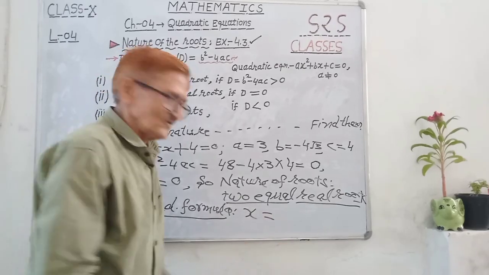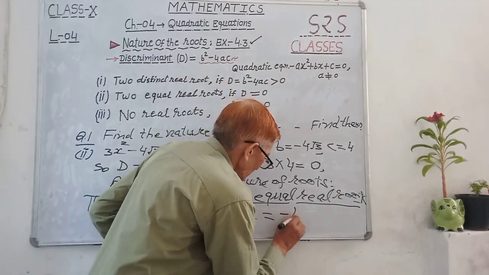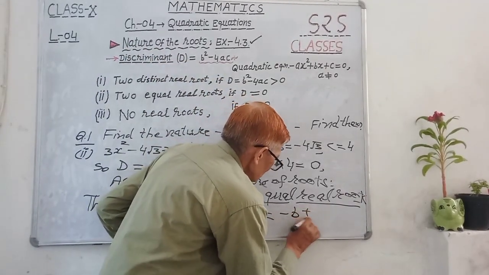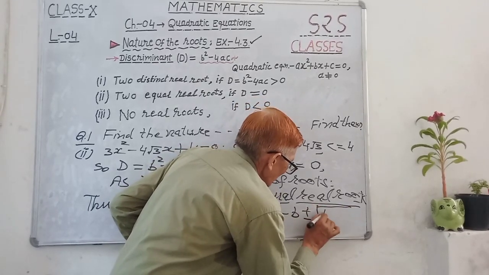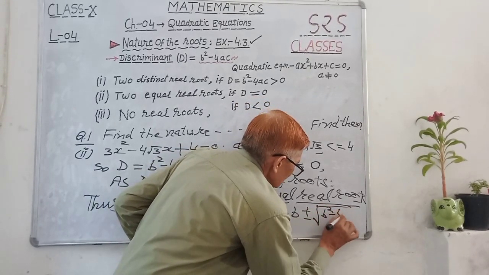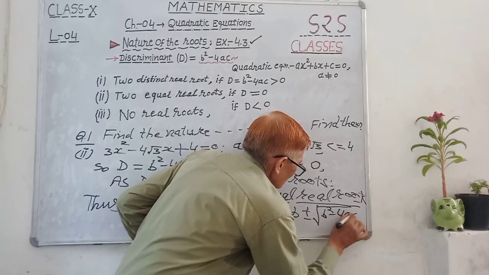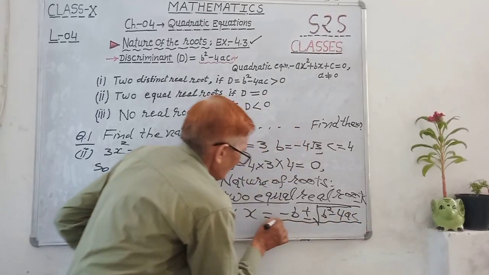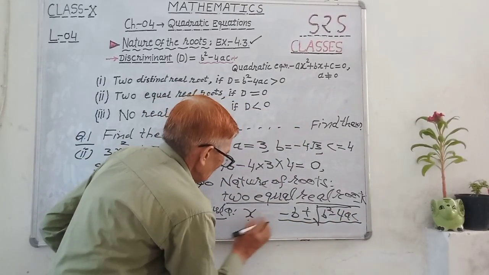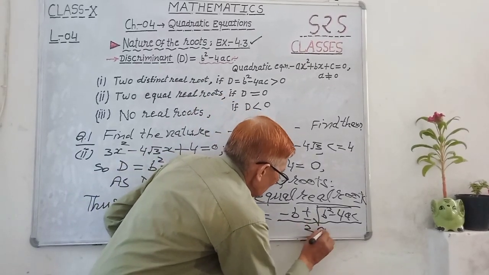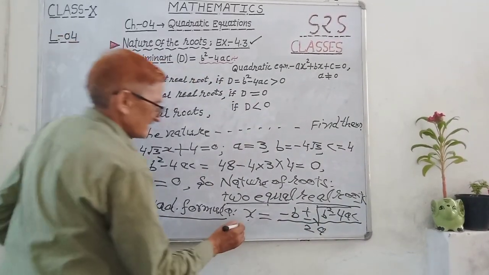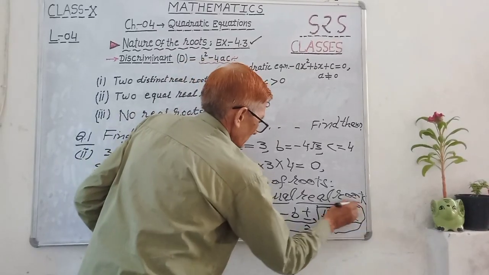So x is equal to minus b plus minus square root of the discriminant, that is b square minus 4ac, whole divided by 2a. This formula we should write.